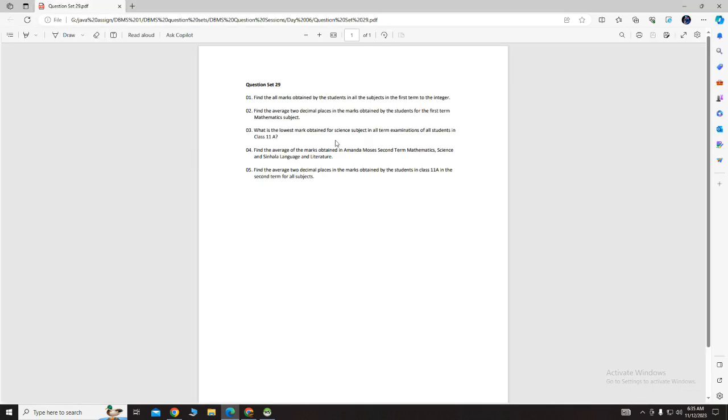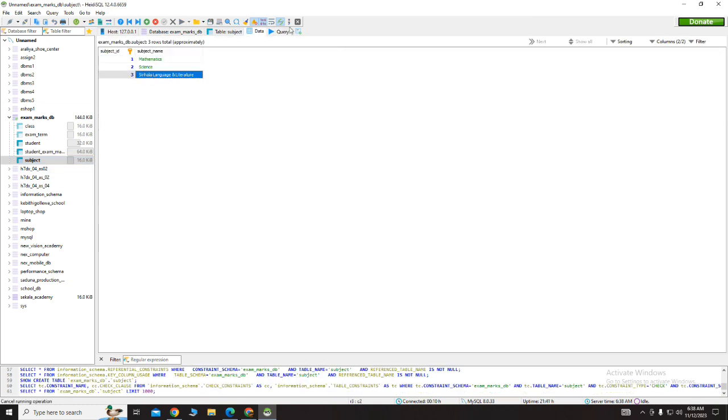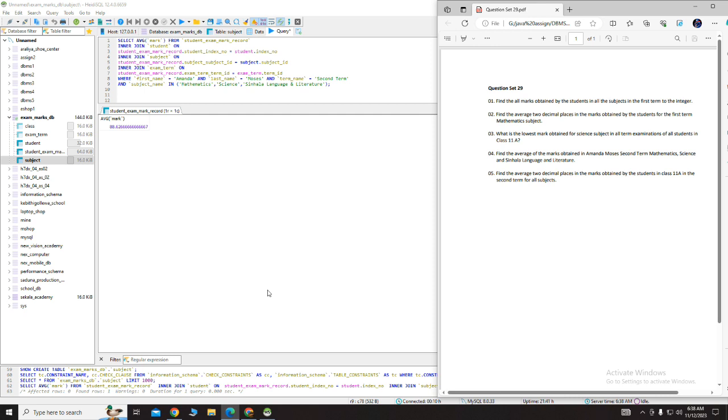The fourth question says find the average of the marks obtained in Amanda Moses' second term mathematics, science and Sinhala language and literature. For our fourth question they say find the average of the marks.